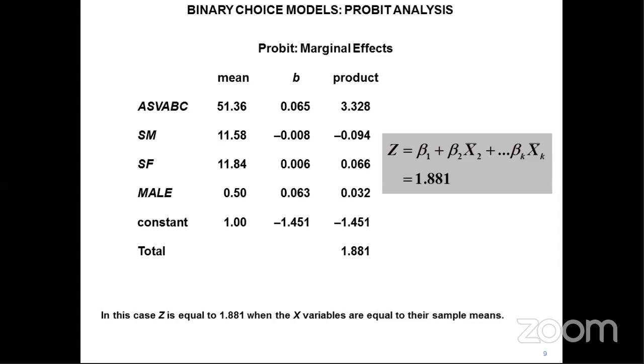So to obtain these marginal effects, the marginal effects are calculated based on the mean. Also the marginal effects can be calculated based on the median. But in your interpretation, whether you have used the mean or the median for marginal effect calculation, you should mention or report that point.